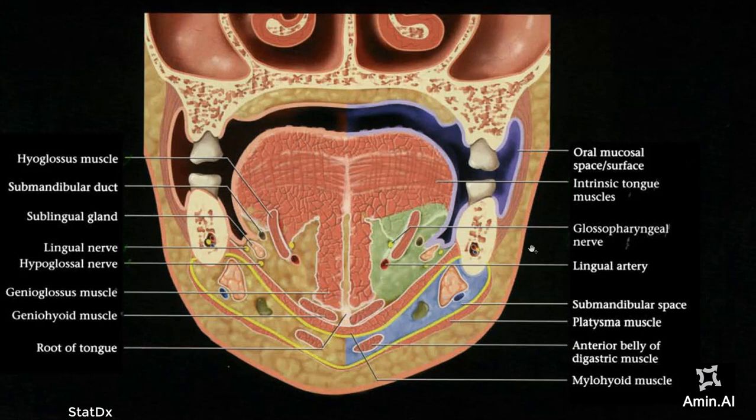So in summary, the mylohyoid muscle is going to separate the sublingual space from the submandibular space. It is deficient posteriorly, so these two spaces continue with each other at the posterior aspect of the mylohyoid muscle. There are also mylohyoid clefts seen sometimes, which are defects in the muscle, and then the spaces can communicate directly through that defect as well.